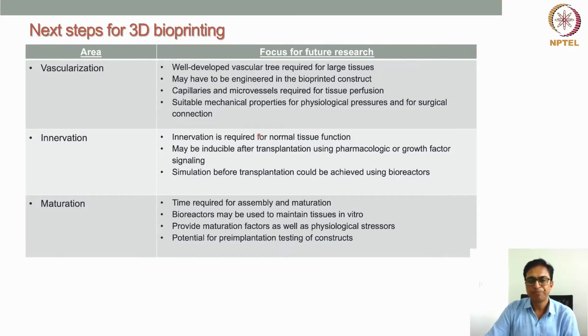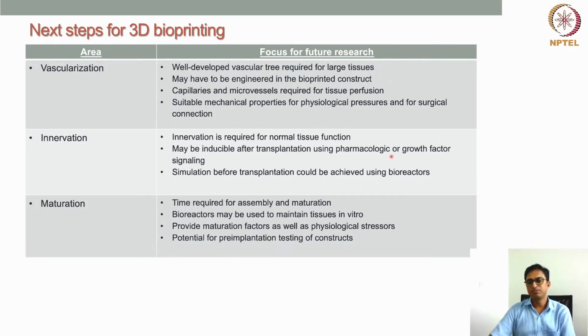So one strategy to tackle this issue is to use agents by which nervous tissue can grow after the bioprinting. Stimulation before transplant could be achieved using bioreactors.